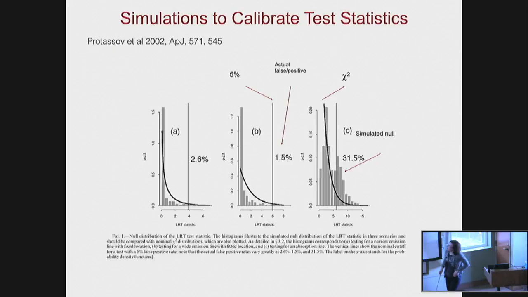So this is the illustration of this more important problem with your chi-square distribution, let's focus on this one. We have the likelihood ratio statistic, which takes the model without the line and the model with the line and compares the two. This is the chi-square distribution which you would normally use for that.